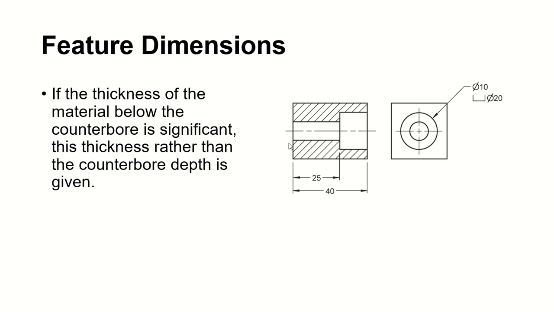So the note for the counterbore dimension labeling is different. Here is your leader line, and we just give the drill and counterbore diameter there, and then we put the thickness because it is significant right below your counterbore in the material.